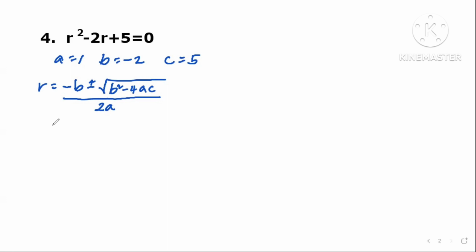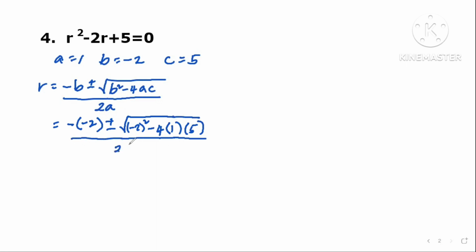Okay, so substituting the values of a, b, and c, we have negative of negative 2 plus minus the square root of b squared. So that's negative 2 squared minus 4 times a times c over 2 times 1. So negative of negative 2 is positive 2 plus minus negative 2 squared is 4.